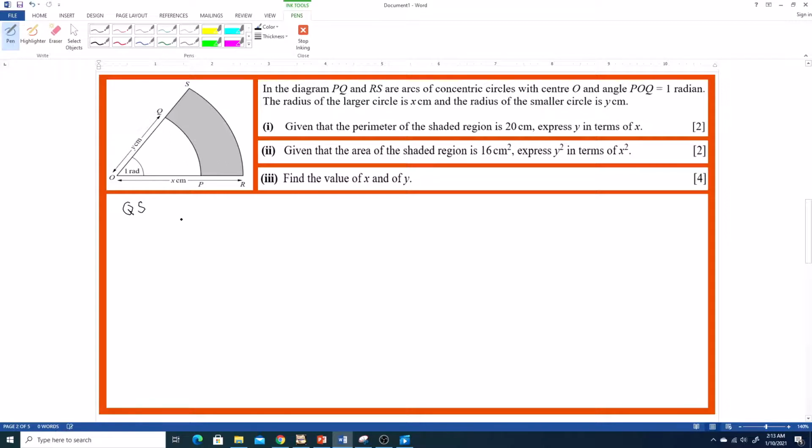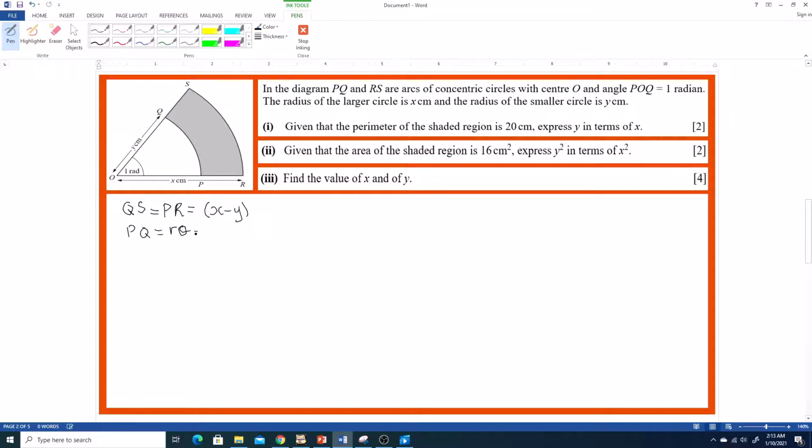QS, and QS is equal to PR because they are the same, and we'll find that that is just x minus y. And PQ, we said, is an arc length, which is r theta.